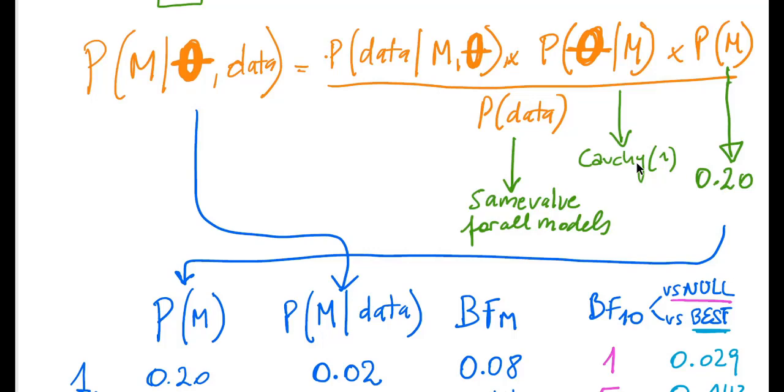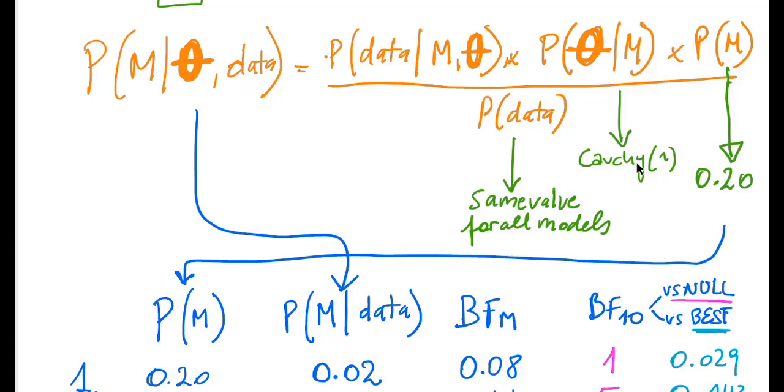So in this case it will be centered around 0, and so positive values and negative values are possible, but the ones close to zero are more likely than extreme values. And JASP will set the same prior for all the betas.